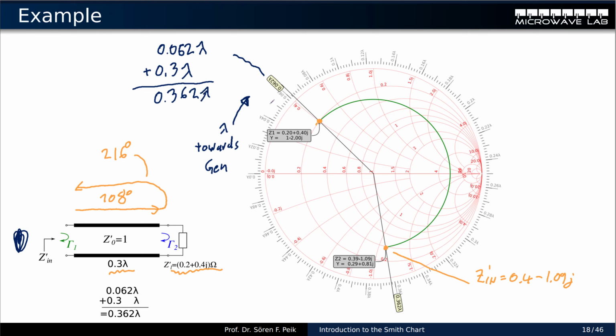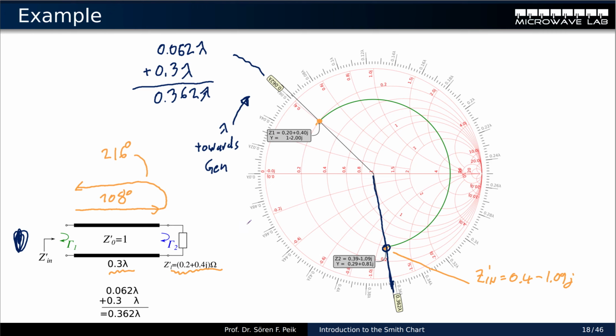Now I follow that ruler, and we see 0.362 is here. That's the amount of rotation. We just take a ruler, draw that line here, same distance as from here. It's very helpful to have a compass. That gives me the endpoint without using a protractor, because we always have that ruler on the outside rim.